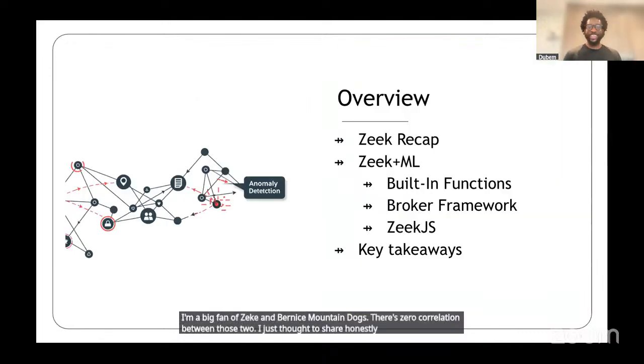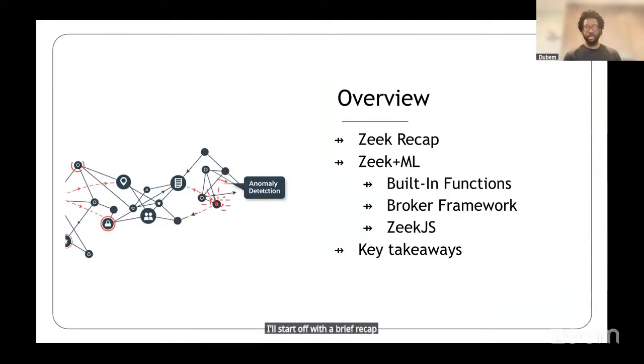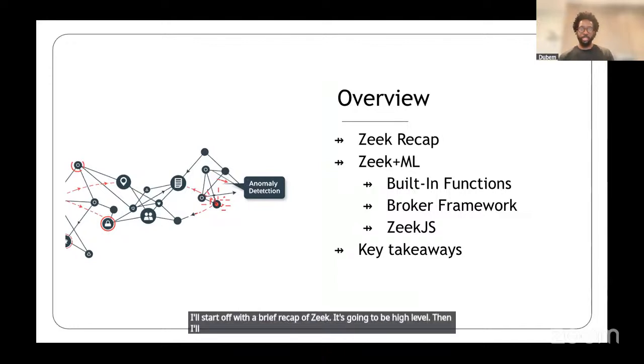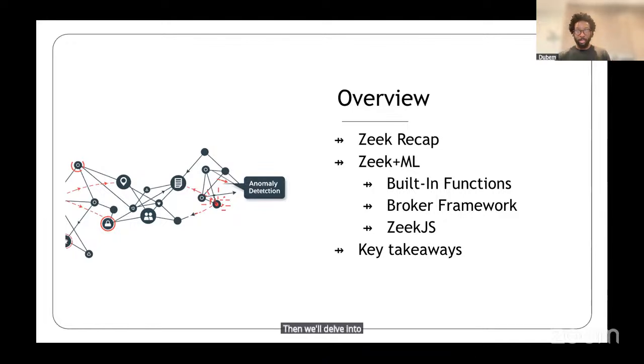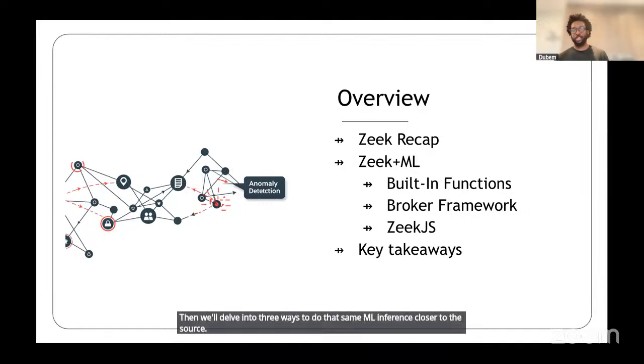Anyways, here's what we're going to cover today. I'll start off with a brief recap of Zeek. It's going to be high level. Then I'll talk about the traditional way Zeek is employed for machine learning use cases. Then we'll delve into three ways to do that same ML inference closer to the source, i.e. Zeek events.